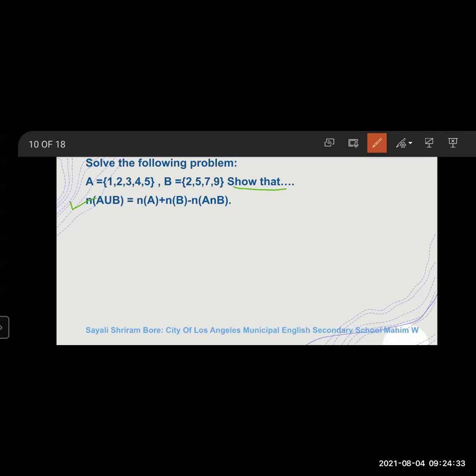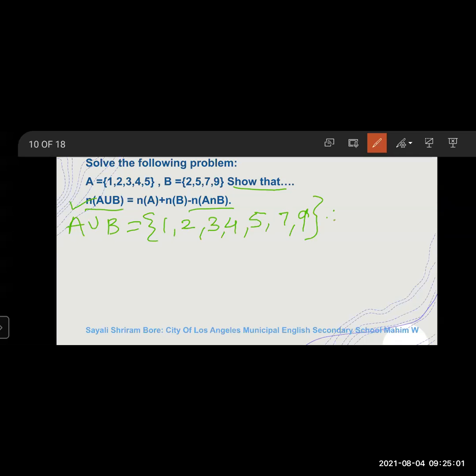So for verification, first you need to find the union and the intersection. A union B is equal to {1, 2, 3, 4, 5, 7, 9}.